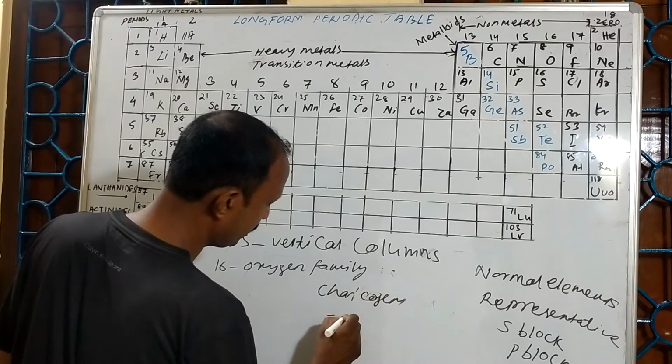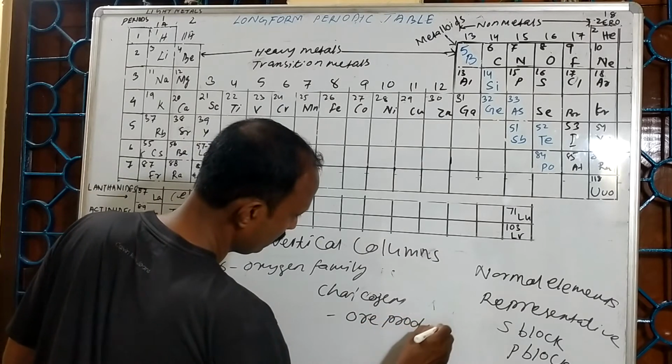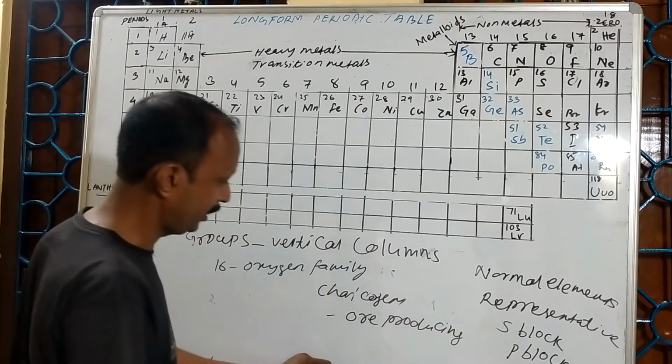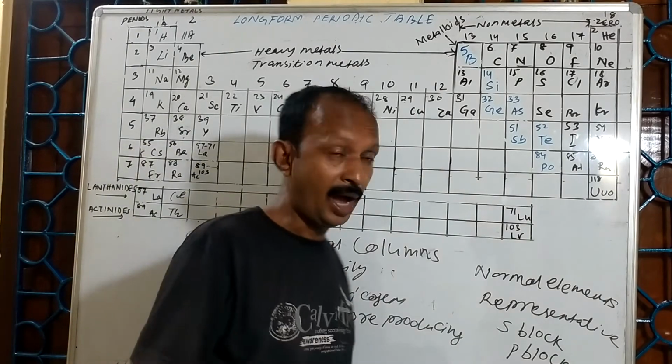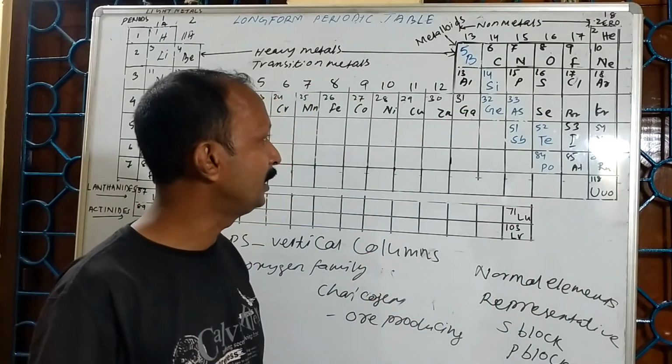Chalcogen in the sense they are ore producing, like sulfur dioxide, like iron oxide. So we say they are the chalcogen family.